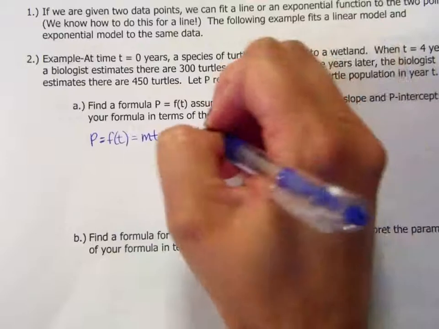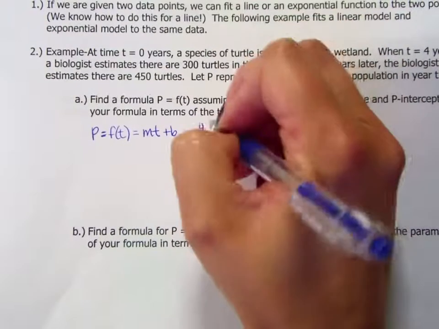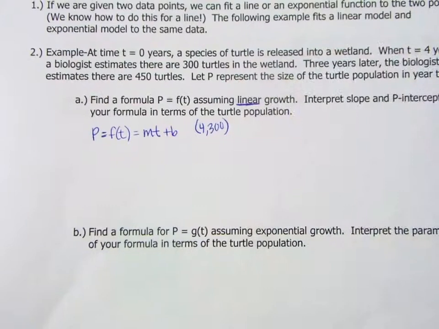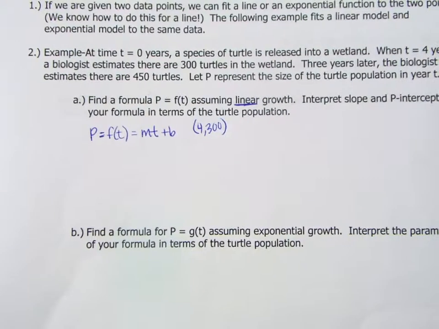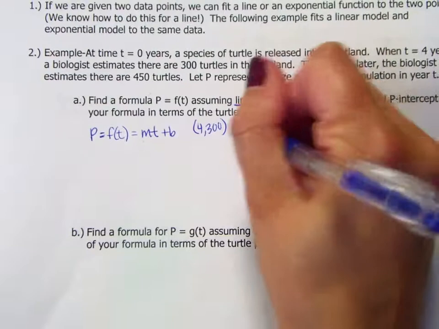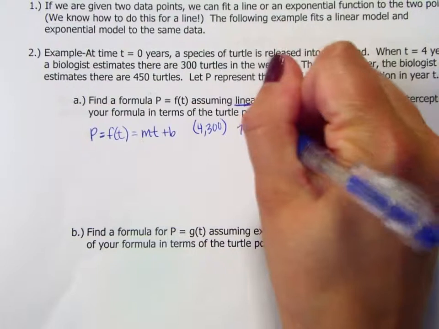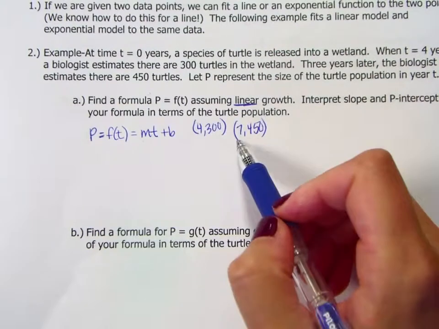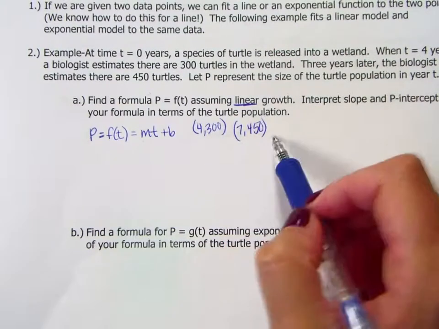Right, and it's actually going to be time first, so 4, 300. What's the second ordered pair that we can pull from that? 7, 450. Why 7? Because it says 3 years later and 4 plus 3 equals 7. Right, okay, so just really pay attention to things like that. Okay, so we have our 2 ordered pairs.